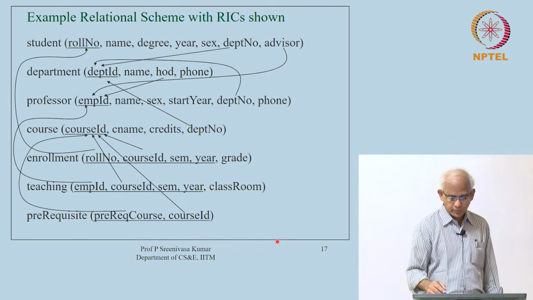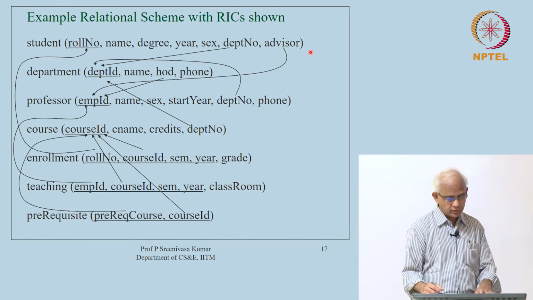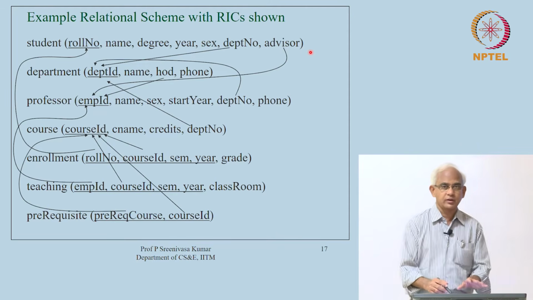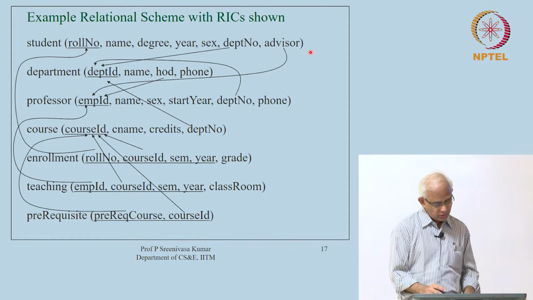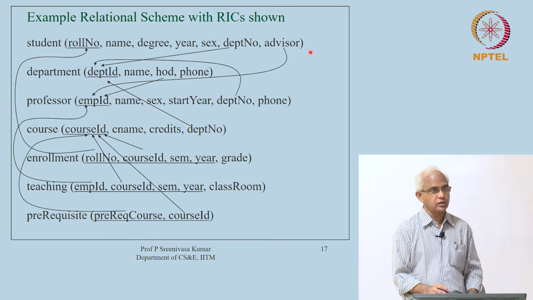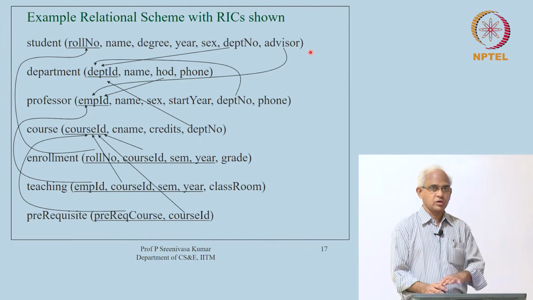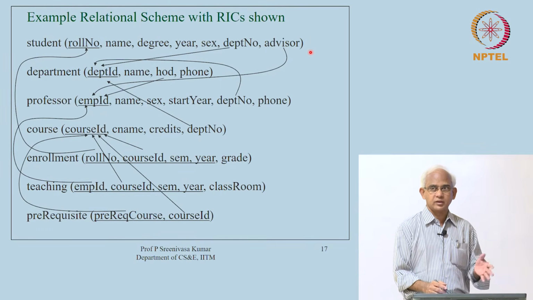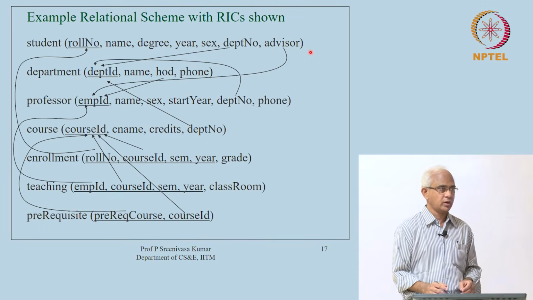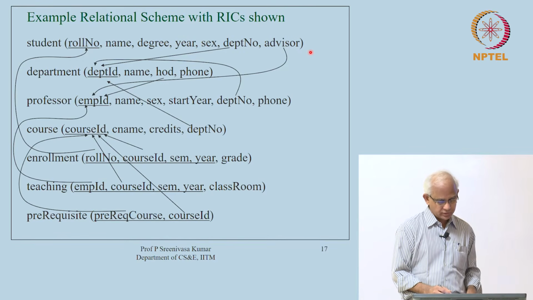So, this particular slide I want you to note down on a separate page of your book, so that you can refer to this diagram when you are talking about queries in either relational algebra or SQL. Have it handy so that we can discuss this.